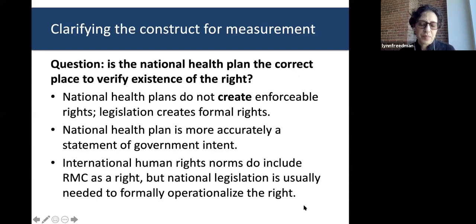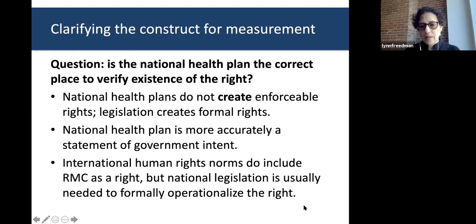National health plans, policies of this sort, do not actually create enforceable rights. It's legislation that creates enforceable rights. So a national health plan is really more accurately a statement of government intent than it is a document creating rights.